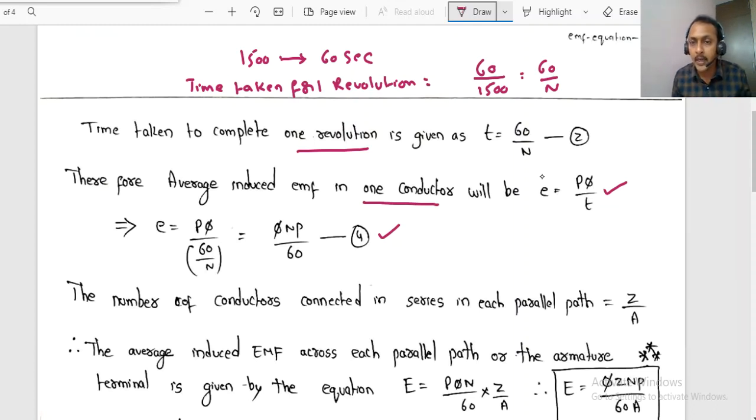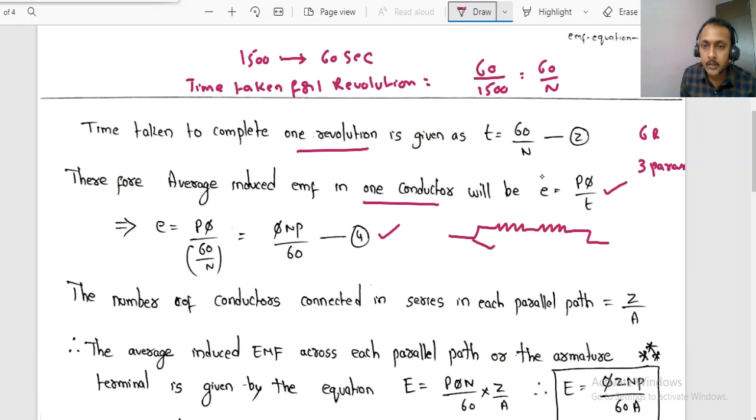Now depending upon the winding type, it will decide the number of parallel paths. For example, if you are having 6 resistors and I say 3 parallel paths, then in each parallel path, how many resistors will be there? 2, obviously. For example, this is one parallel path, R1, R2, and this is one more parallel path. Two resistors, because we have to accommodate 6 resistors in 3 parallel paths.